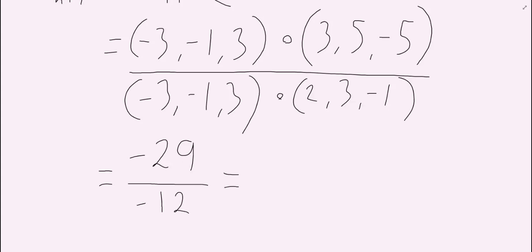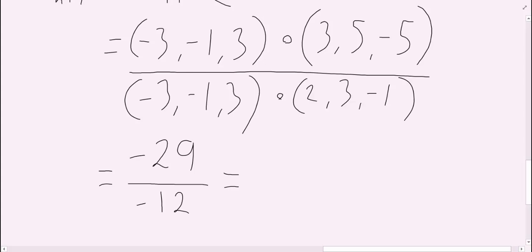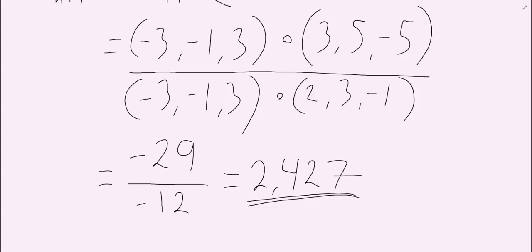So 29 divided by 12 equals 2.427, just 2.42. Depends on how exact we want to be. So this is our t-hit.